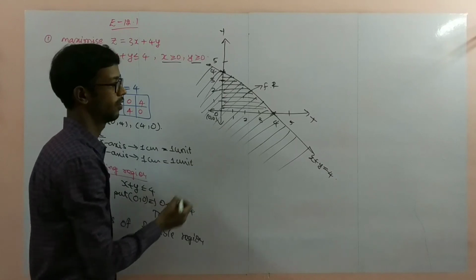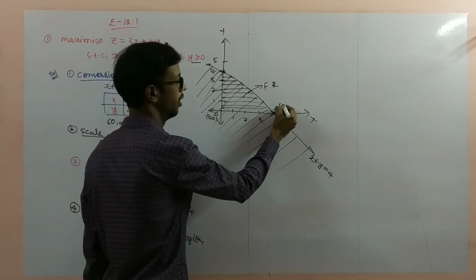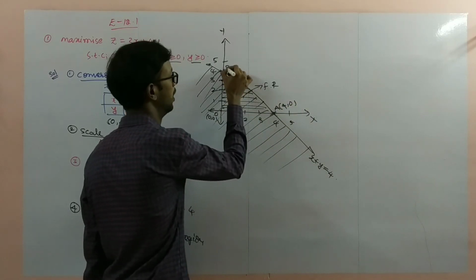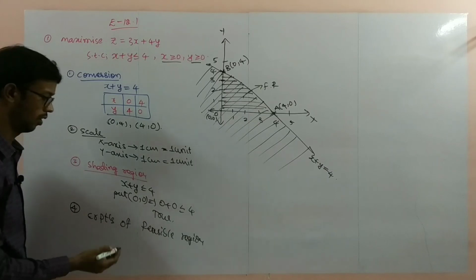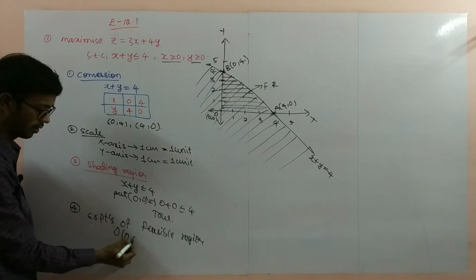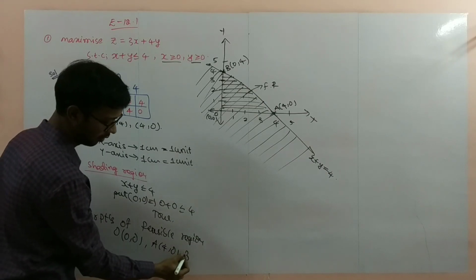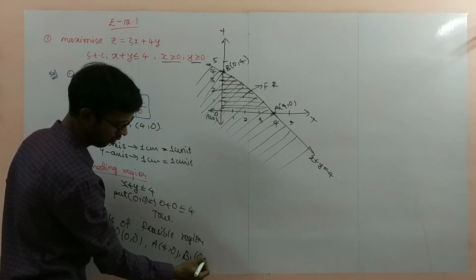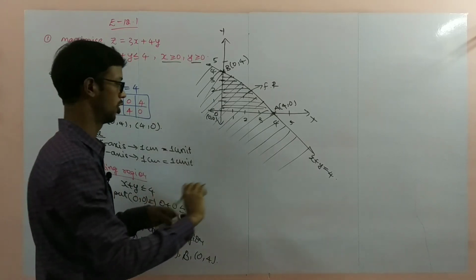So what are the corner points here? This point is also one corner point, (4, 0). B is (0, 4), one corner point. O is (0, 0). A is (4, 0). B is (0, 4). Corner points completed.